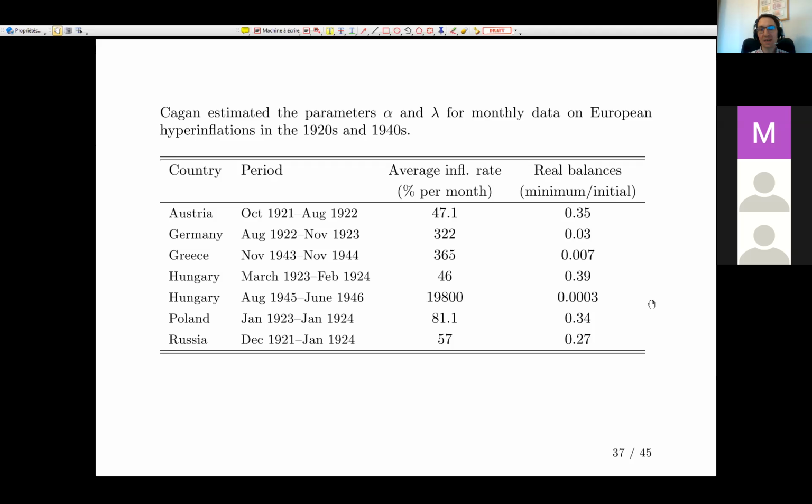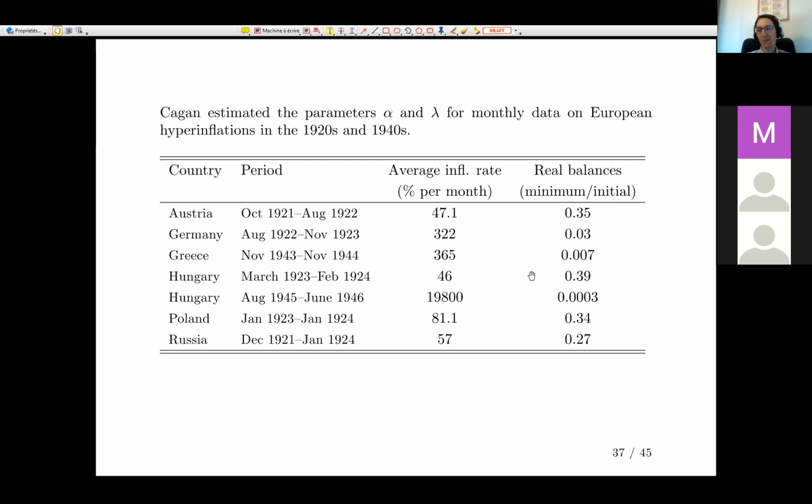So this is his data. He has the data on all these hyperinflation episodes of the past: Russia, Poland, Hungary, which had two episodes, one after the First World War and one after the Second World War, Greece, Germany, Austria. This is the average inflation rate in percentage per month.